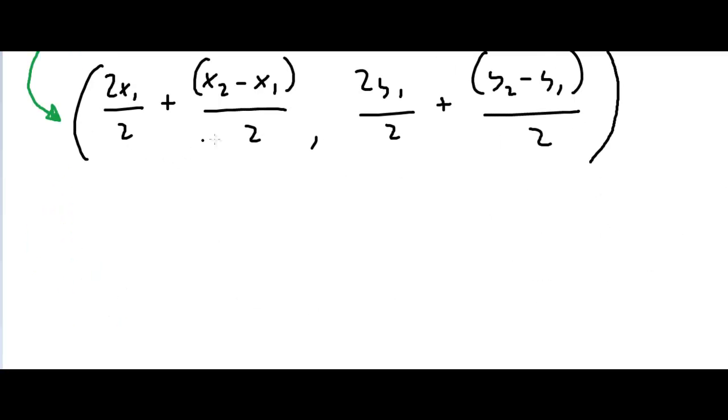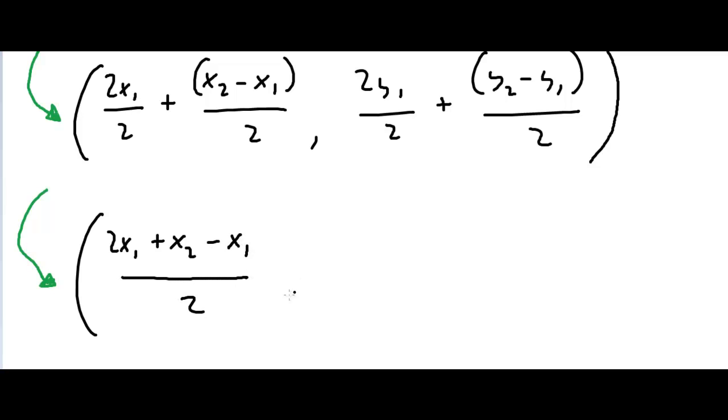Now if we simplify these coordinates further, we should get 2x1 plus x2 minus x1 over 2, comma, 2y1 plus y2 minus y1 over 2.